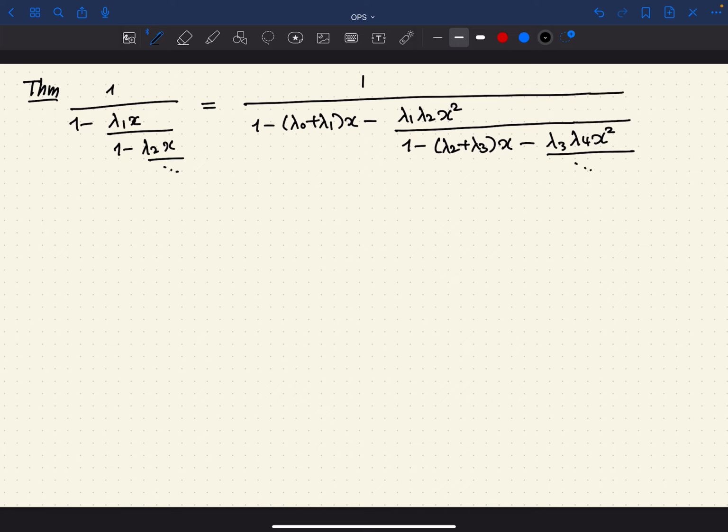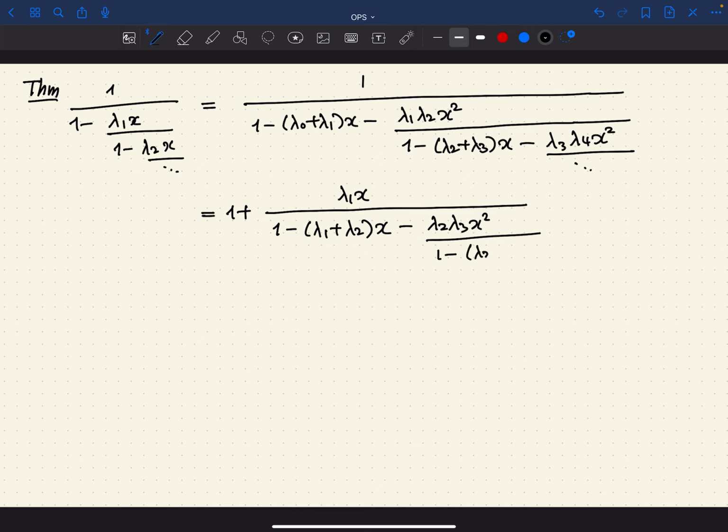So this continued fraction is equal, and also this is equal to 1 plus lambda 1 x over 1 minus lambda 1 plus lambda 2 x minus lambda 2 lambda 3 x squared over 1 minus lambda 3 lambda 4 x minus lambda 4 lambda 5 x squared over dot dot dot.